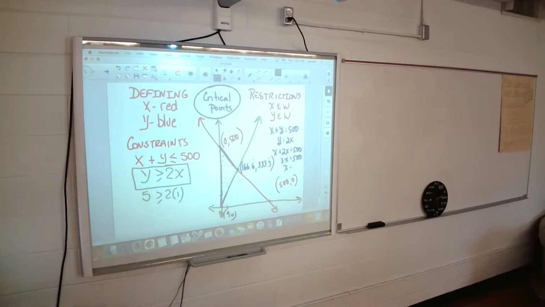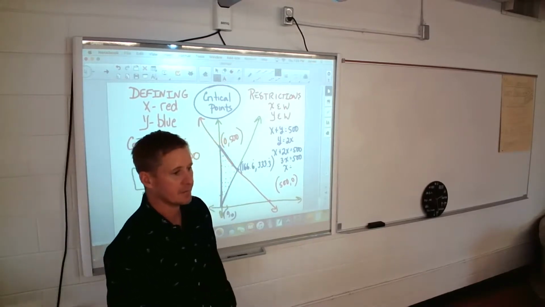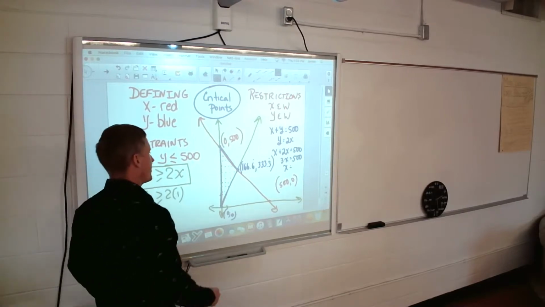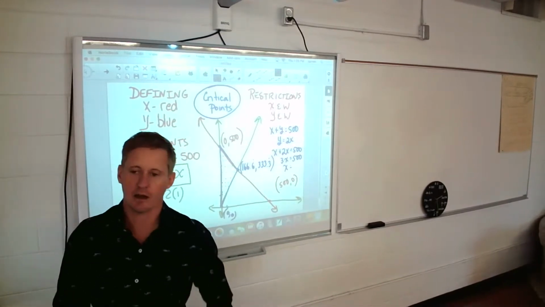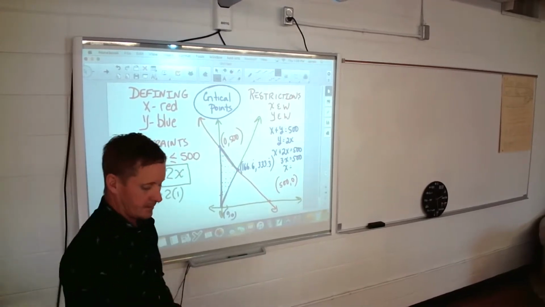Now, only one of those combinations is going to give me a minimum amount. That'd be 0, 0. I'd make no money. But only one of these combinations is going to give me a maximum amount. And what I would find out is probably that would be the maximum amount right there, if I sold 167 of the red and 333 of the blue, but that's all down the line.